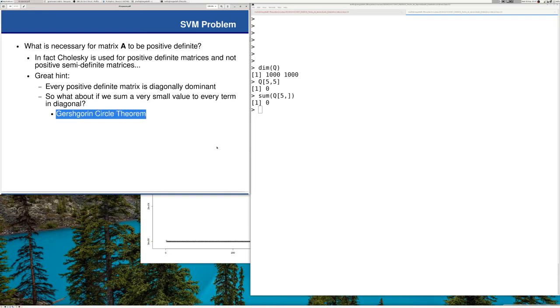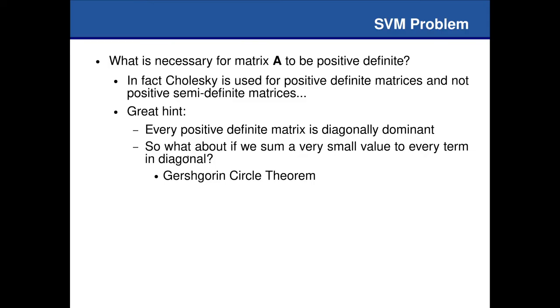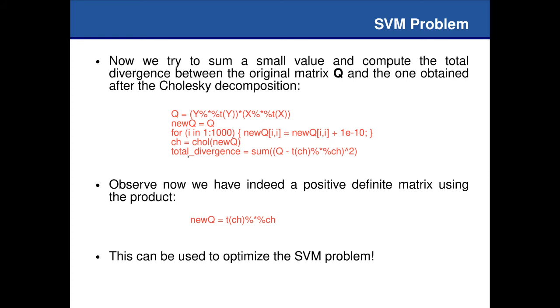The Gershgorin circle theorem tells me that if I have a matrix that is not positive semi-definite, and I add a very small epsilon to the diagonal so that it is greater than the sum of its row, I will obtain a positive definite matrix. How could I perform that? Let's see.